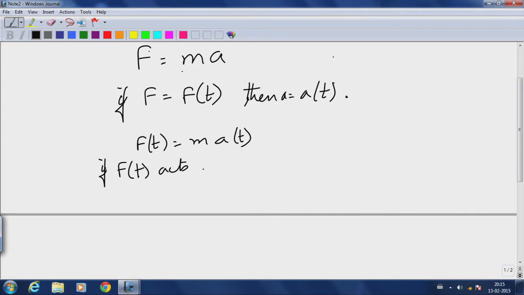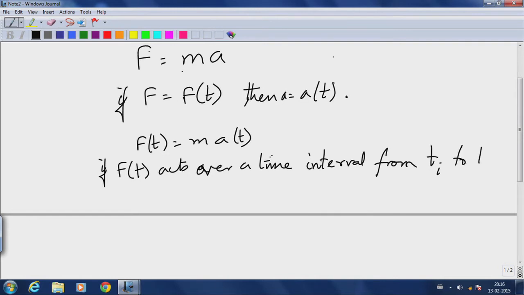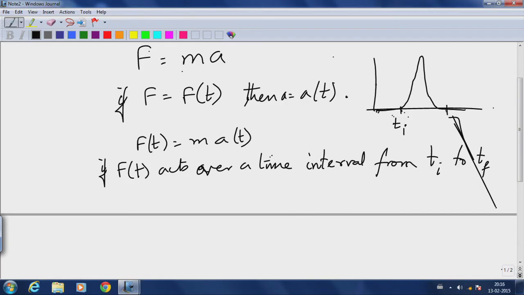If F acts over a time interval from an initial time ti to tf, a final time, then essentially let us say I have a force that was 0 all the way to some initial time ti and became non-zero at some time tf.